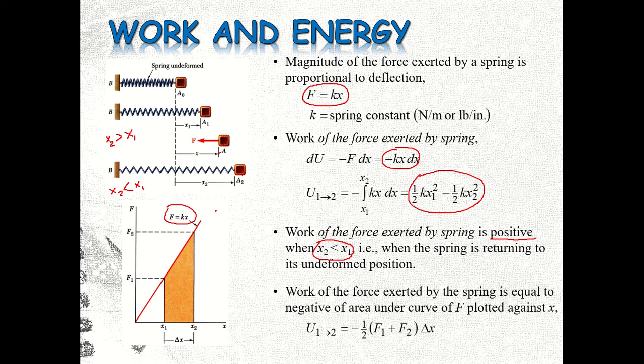All right. So the work of force exerted by spring is equal to the negative of area under the curve F plotted against x.